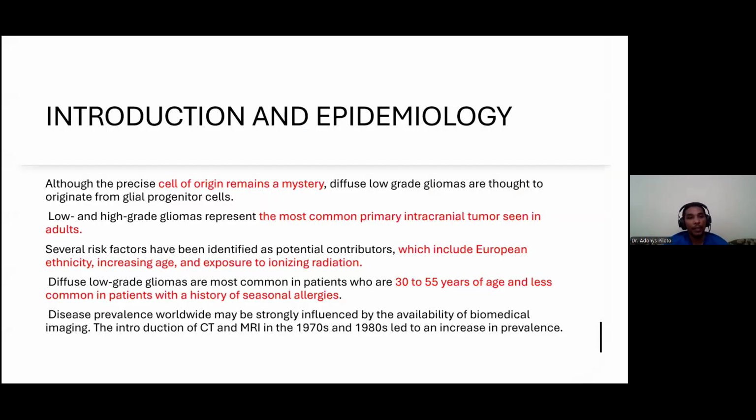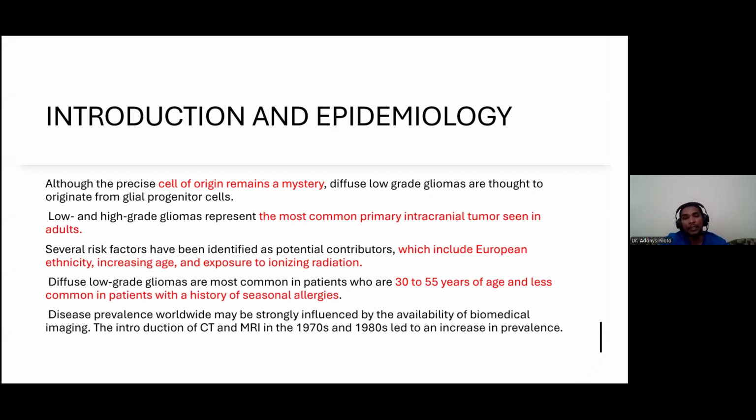The low-grade glioma, initially most doctors thought that it originated from the glial cells, so a neuroepithelial tissue. At the moment, the cell of origin remains a mystery.